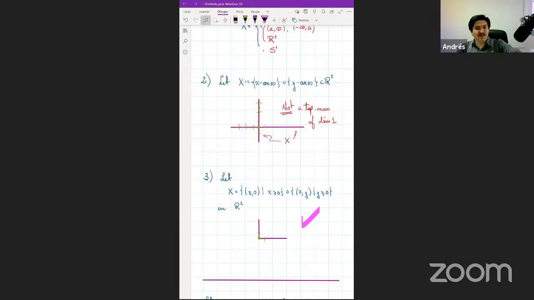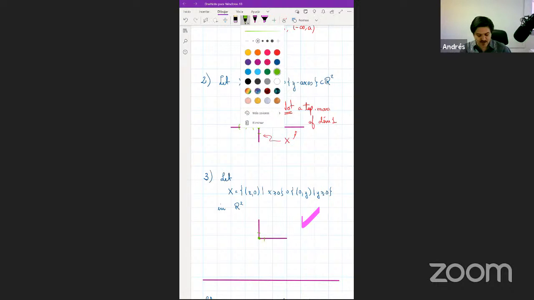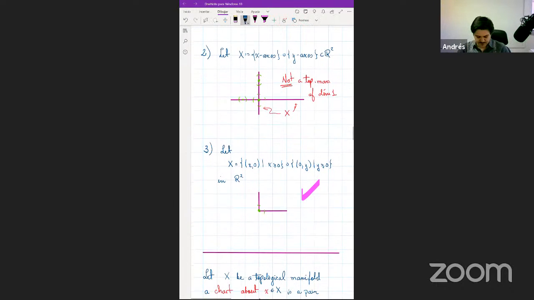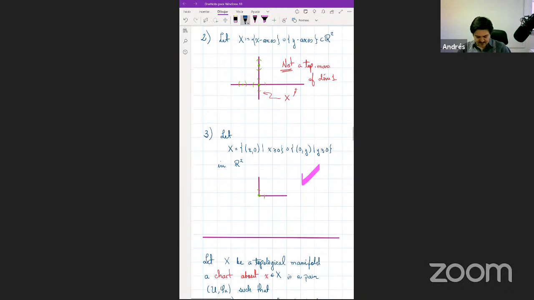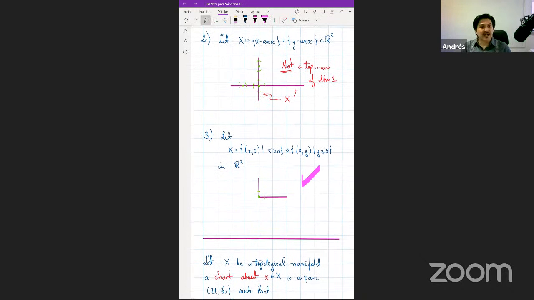So far we have seen only topology, and let's move on to have the concept of a manifold. So I'm going to define a concept which we haven't before, but now I'm going to make them more precise. A chart.